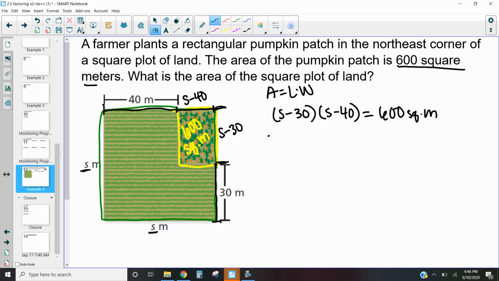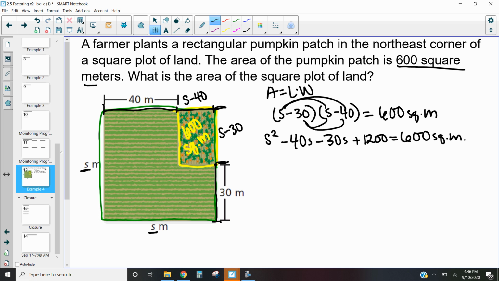First, I need to expand out this polynomial, and I want to move that 600 square meters in. So I'm going to expand my polynomial using my FOIL method here. And as I do that, I get S squared minus 40S minus 30S plus 1200. And that's going to equal 600 square meters, right? Then I want to solve this, and that means I want 0 on the other side.